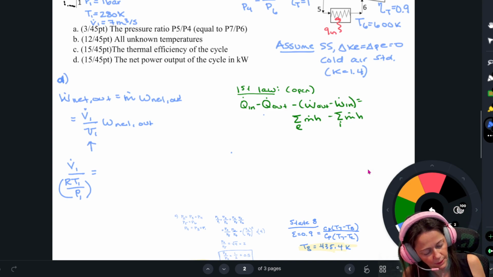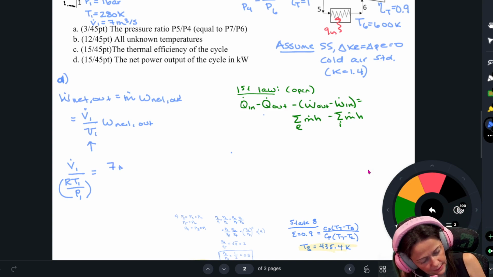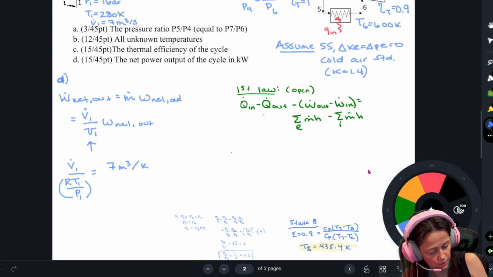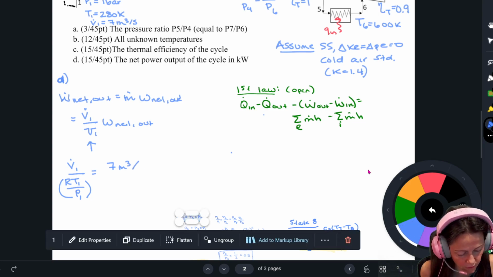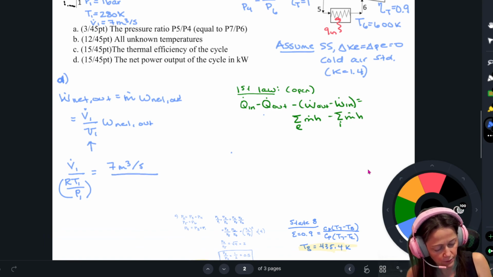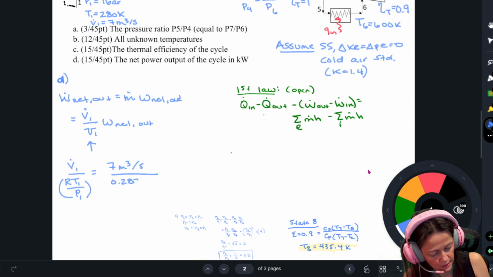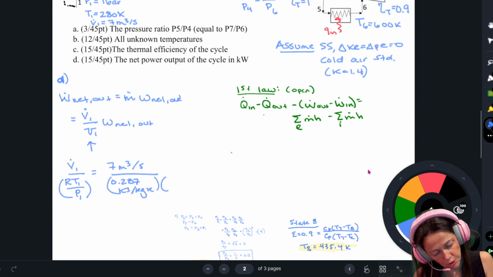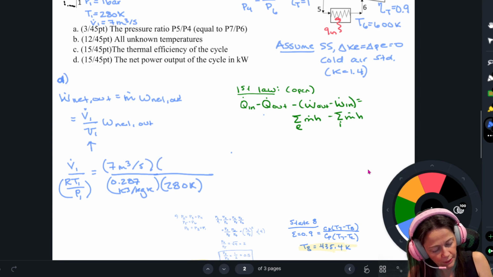some points. So this is going to be 7 meters cubed per second, not kilogram, over your R value. For air, it's 0.287 kilojoules per kilogram K times our temperature at 280 Kelvin. And then your pressure, it's 1 bar.